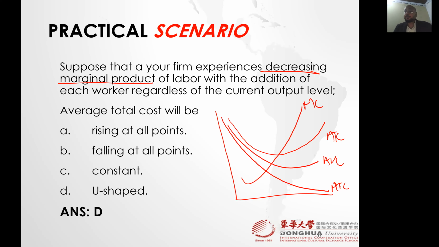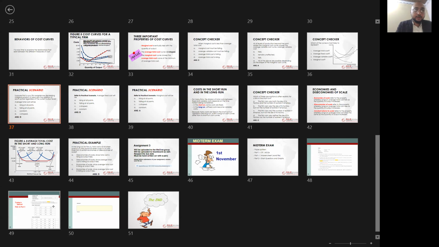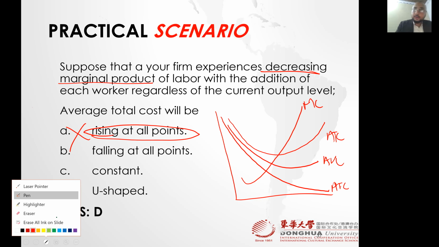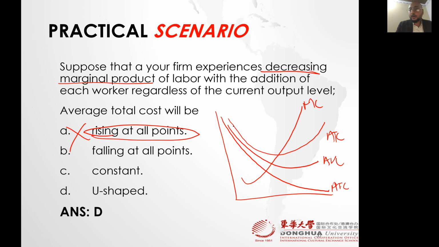So no matter whether you produce one more unit, two more units, at all points the average total cost is not just rising. A can never be the answer.